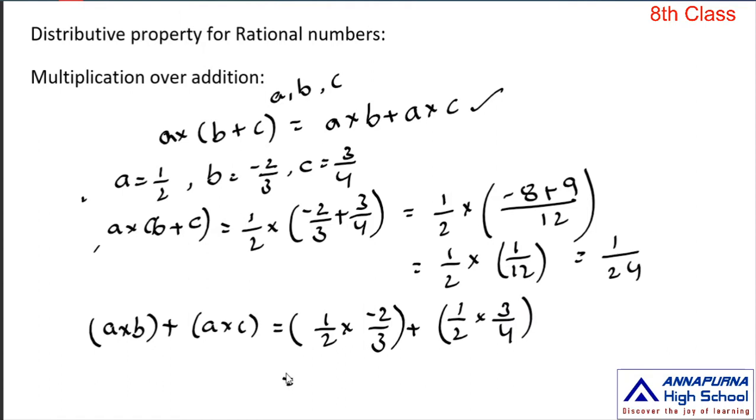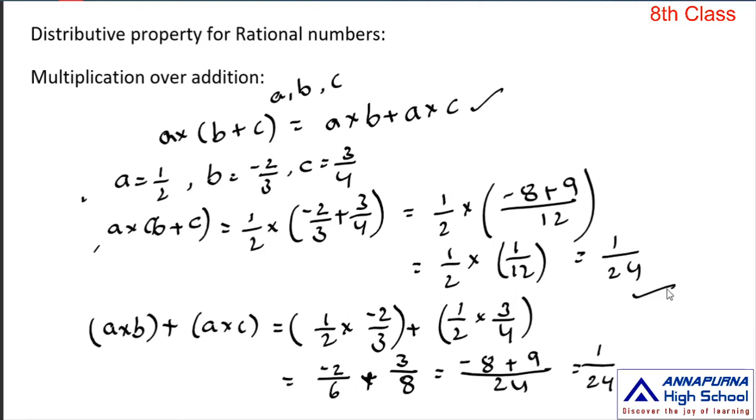First we complete the multiplication: 1 into minus 2 by 2 into 3 is minus 2 by 6, plus 1 into 3 by 2 into 4 is 3 by 8. The LCM is 24 and the numerator is minus 8 plus 9, so it is equal to 1 by 24. So a into (b plus c) is equal to 1 by 24, and a into b plus a into c is also equal to 1 by 24.